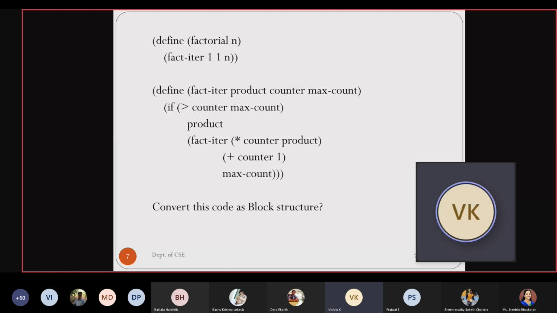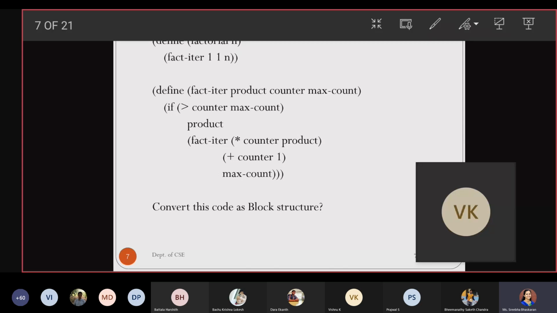Okay. So block structure is nothing but, if you want any particular function to be dedicatedly used only for that particular purpose, then we can make it a block. For example, if you see here, we have two procedures, one is factorial, and the other one is fact ITR.